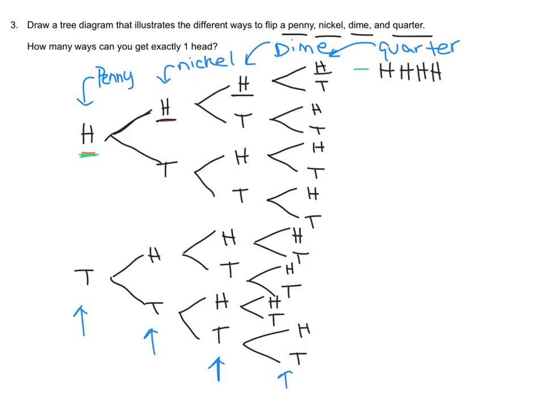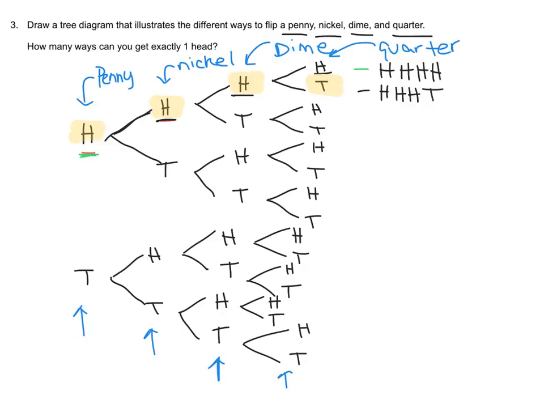So this is my first outcome, getting all heads. Now I'll follow the branches again. So I start with the head for the penny, then I have a head for the nickel, a head for the dime, and now I have a tail for the quarter. So my second outcome is HHHT.